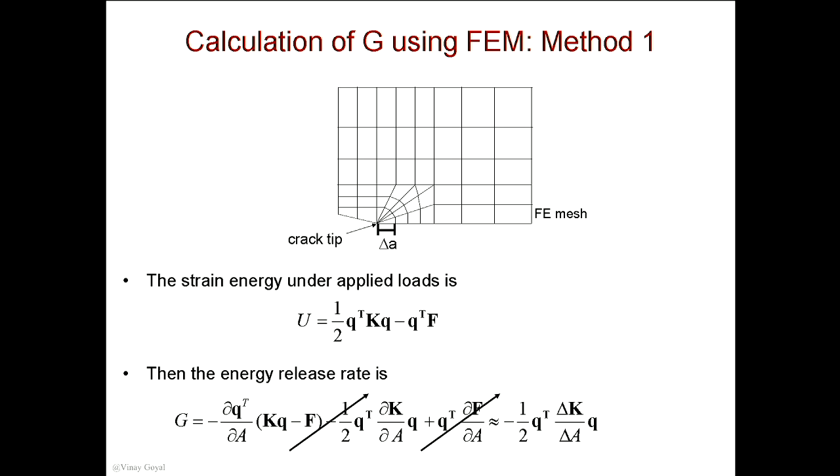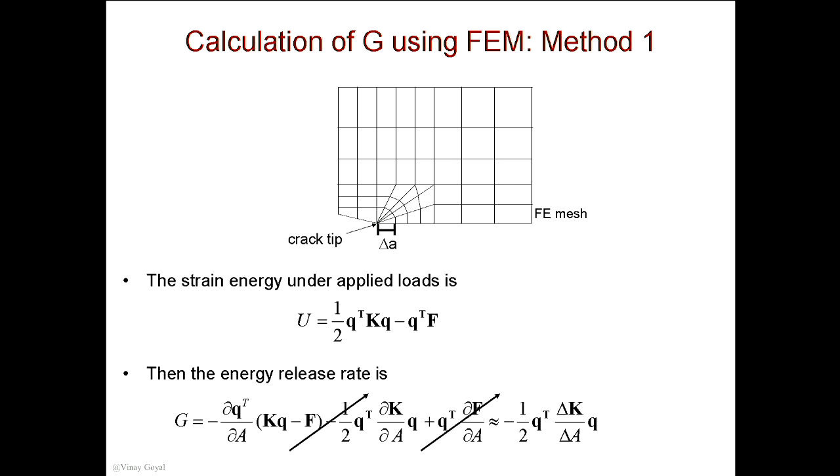So if I know u, then I can calculate the derivative of u with respect to the crack length. And when I take that derivative, which is fairly long here, you will see that for the same force, if the crack grows, then the force did not change, you agree? So the derivative of F with respect to crack length growth is 0.